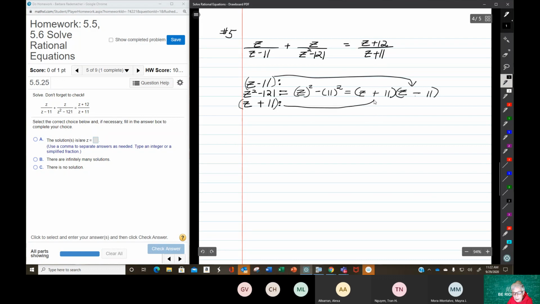And z plus 11 is also a factor of z squared minus 121, and here it is right here. Both of these are inside z squared minus 121. So our LCD is going to be z squared minus 121, which equals z plus 11 times z minus 11. That is going to be our LCD.